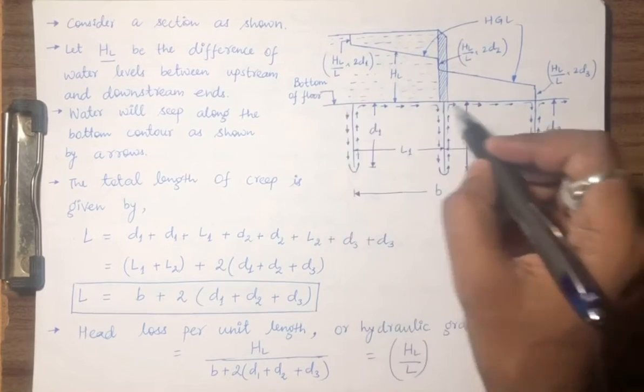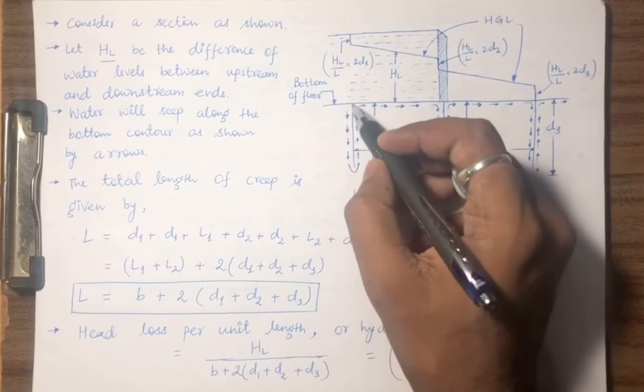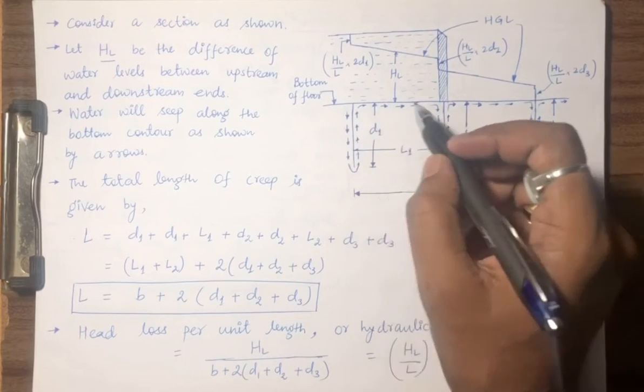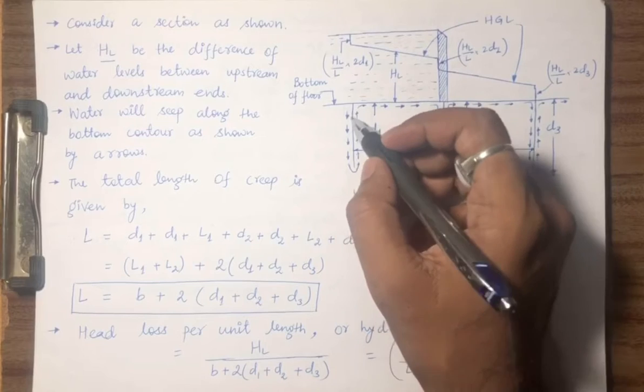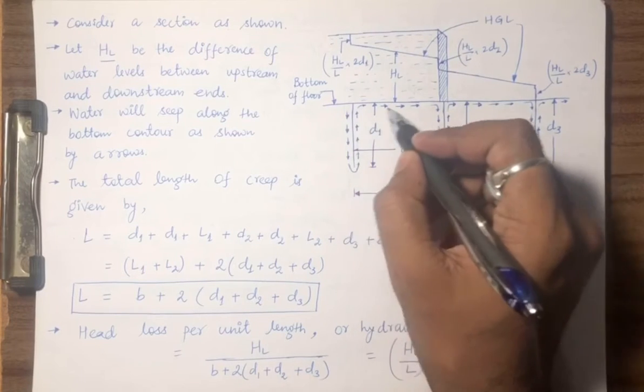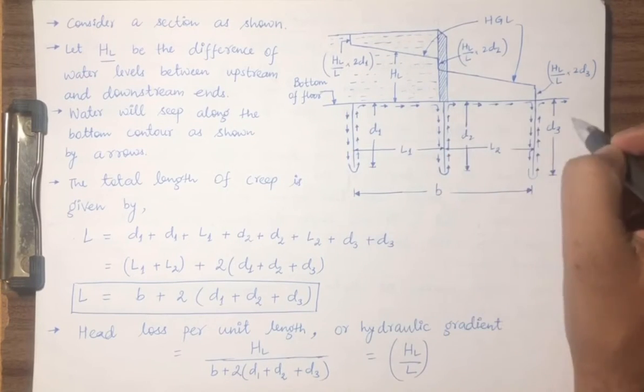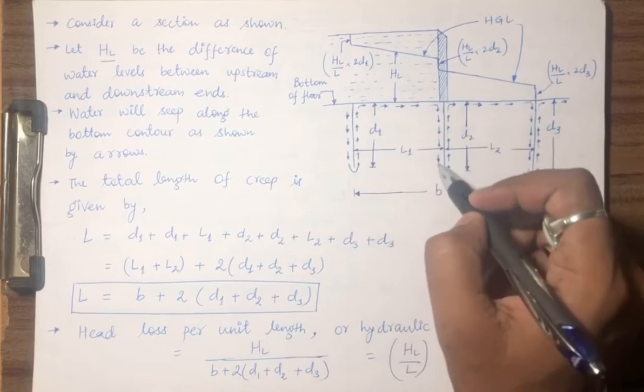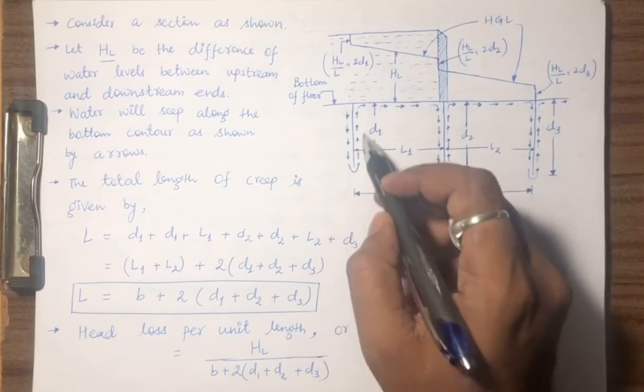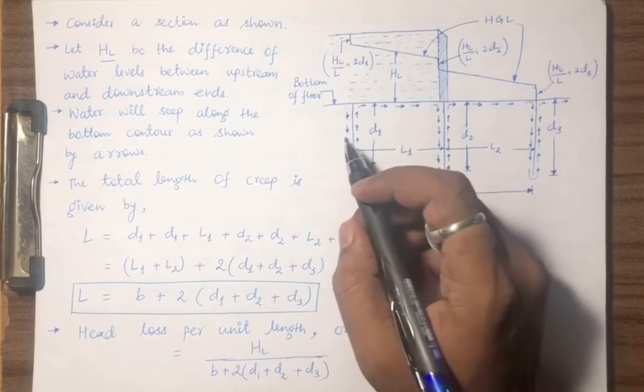This is the bottom floor. Bligh has told that the water follows the bottom contour of the structure. So this is the bottom contour, and this total length will be the creep length.